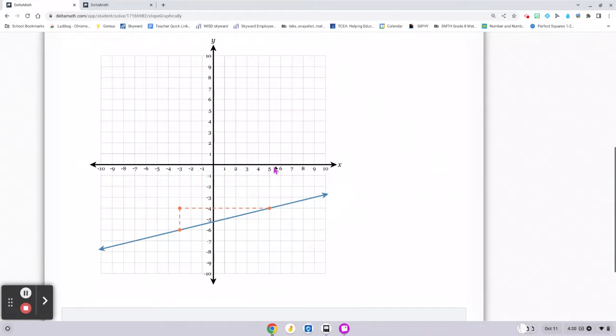So from -3 to 5, I have to go 3 units to get to 0 and 5 more for a total of 8. So 8 was correct for the run. And you can check it the same way here. I've gone from a -6 to a -4 vertically. So that's 2. So my rise is 2 and my run is 8.